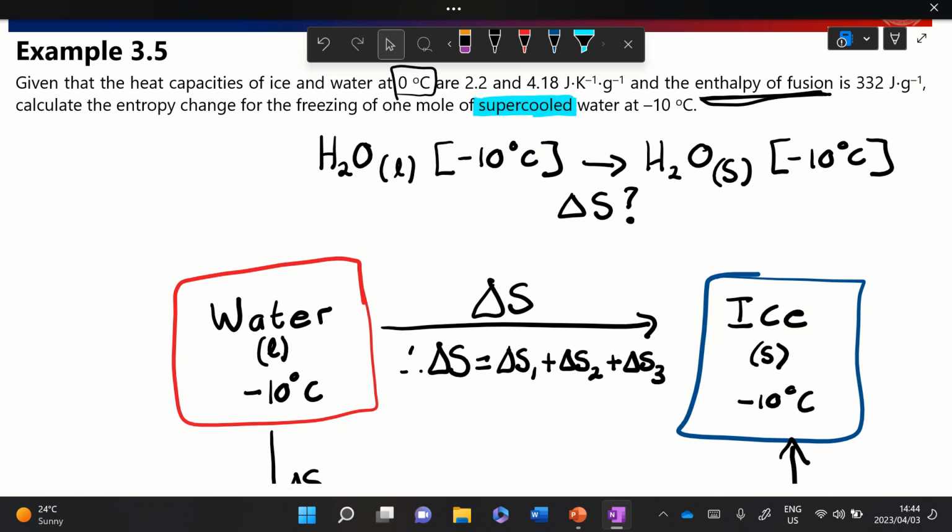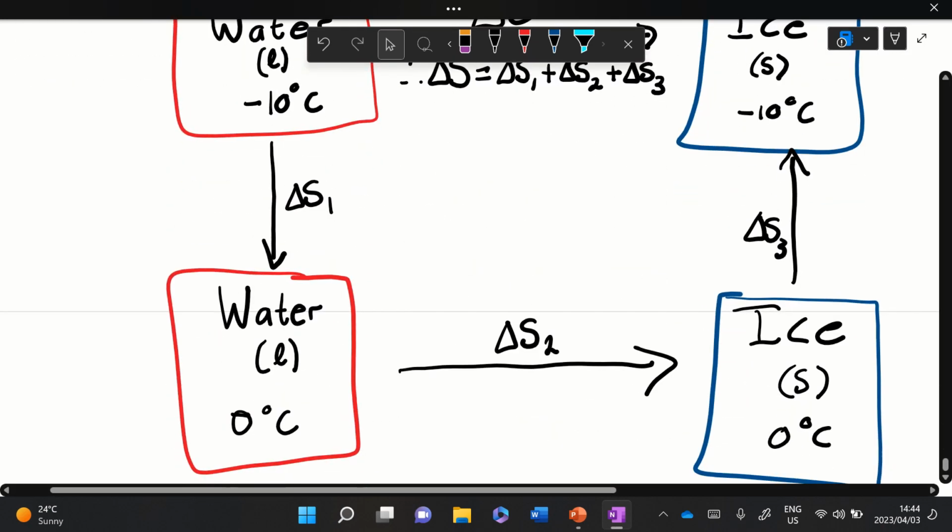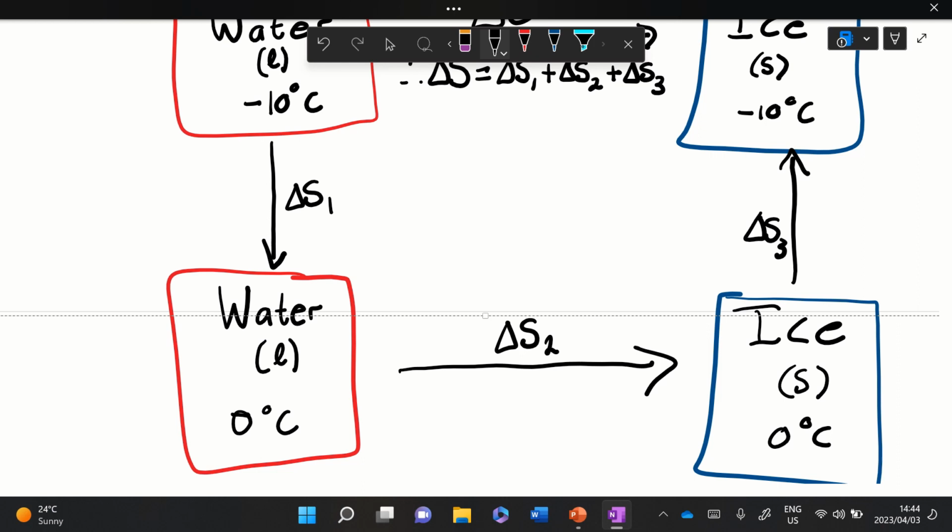Alright, so how do we do that? Well, this first one is not a phase change, it's from liquid to liquid. So for this change, we can use equation 3.17.